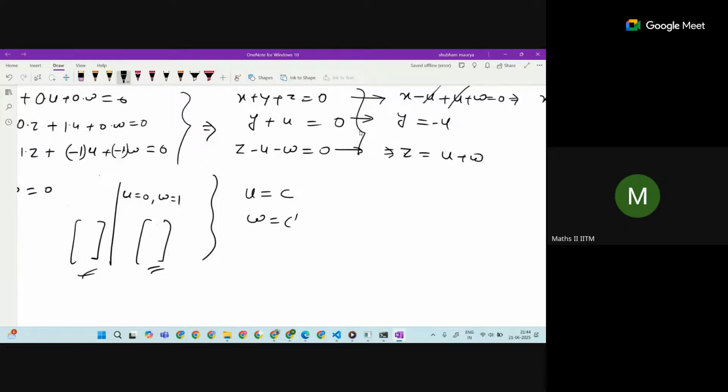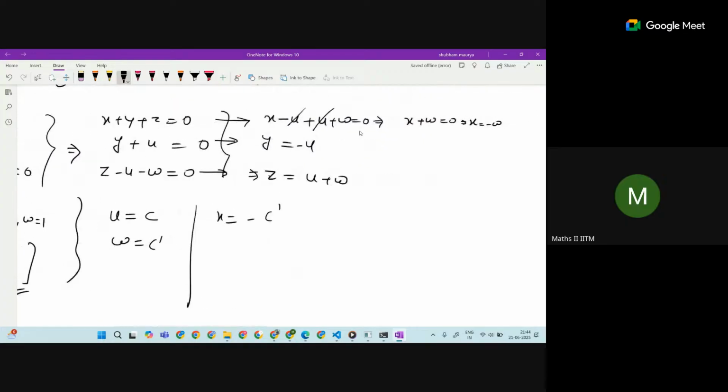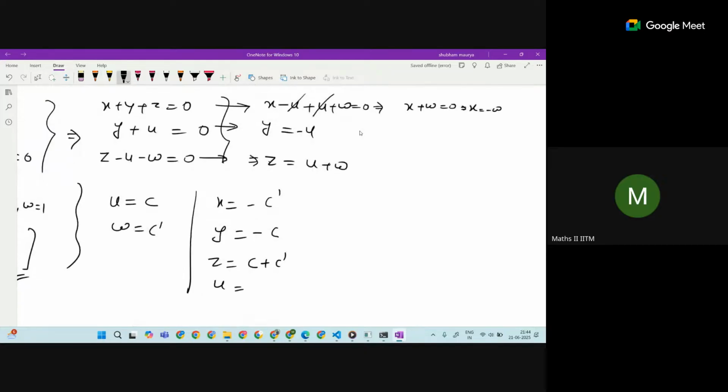If you assume u is equal to c and w is equal to c prime, you will get x equal to minus c prime, y equal to minus c, and z equal to c plus c prime, and u is already c, and w is already c prime. So x, y, z, w is nothing but.